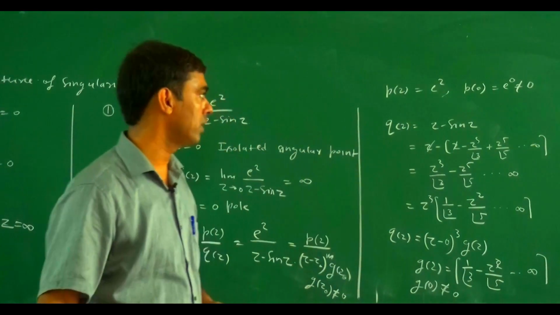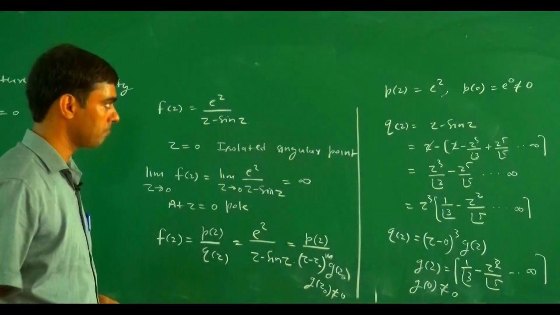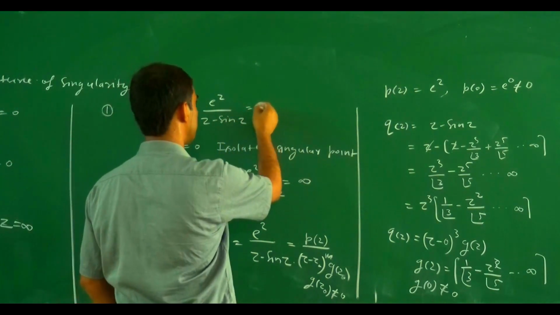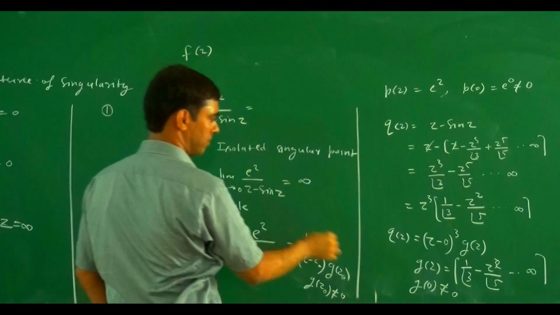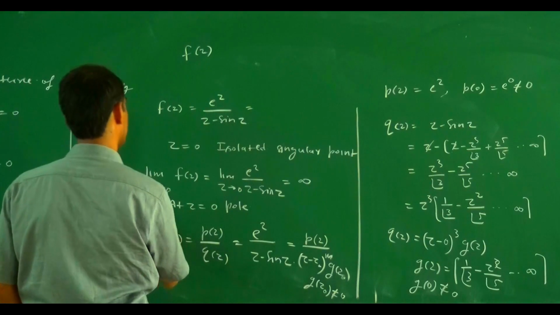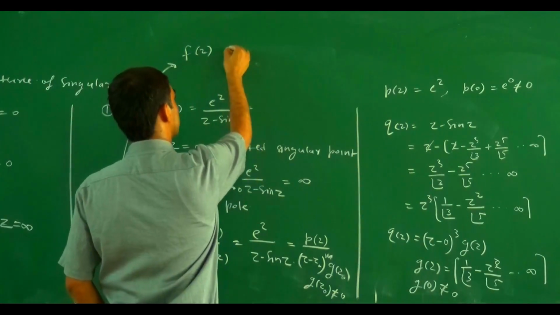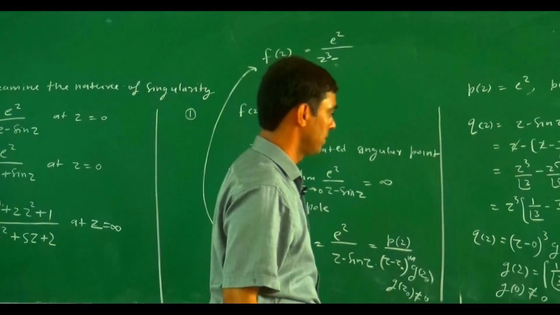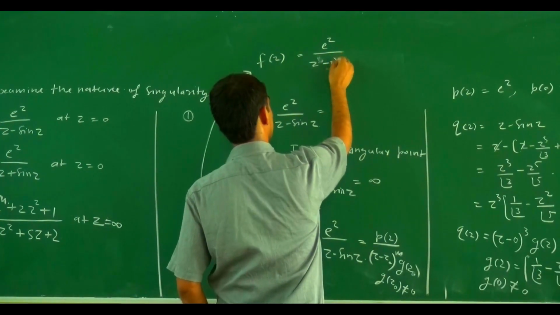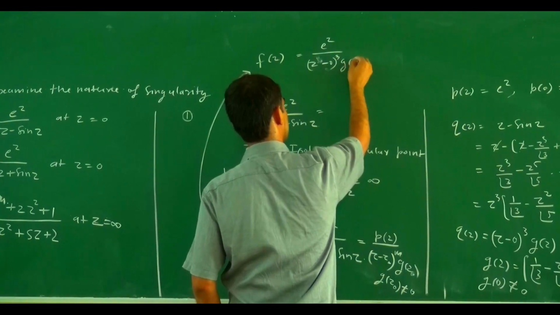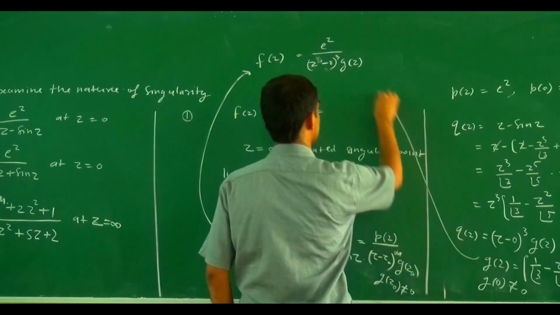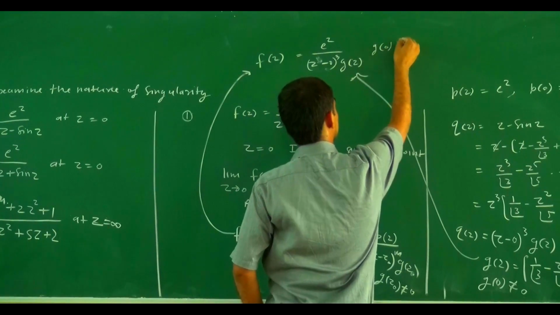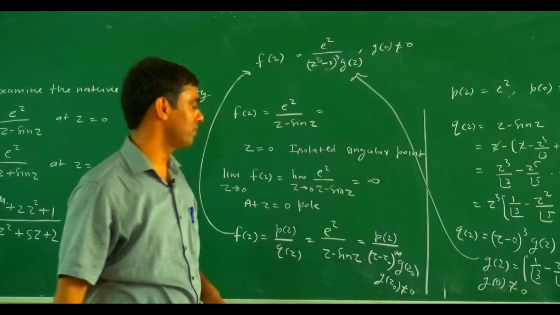So f(z) equals e to the power z divided by (z minus 0) whole cube times g(z), with g(0) not equal to 0. So what is the value of m?